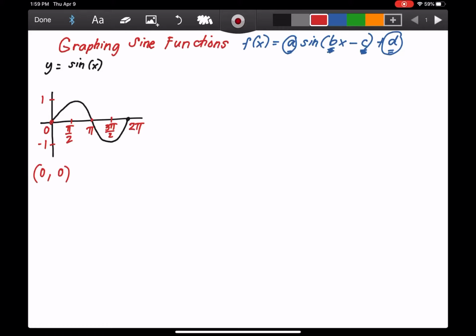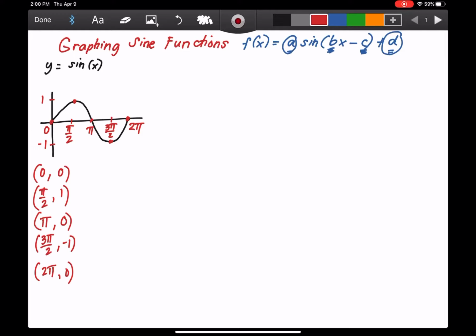We also have here pi over 2, 1. We also have here pi, 0, right? This point right here is 3 pi over 2, negative 1. And we have at the end 2 pi, 0.